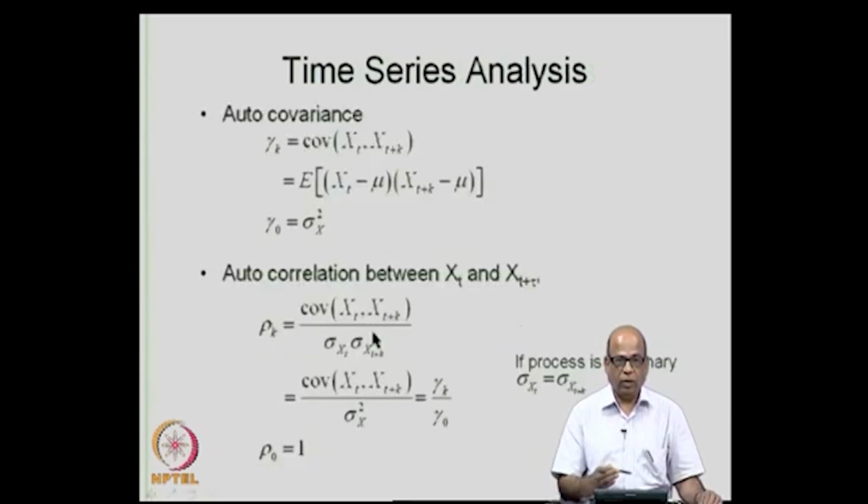So, we can talk about the correlation with respect to various lags k. This k is called the time lag or simply the lag. So, rho k in some sense gives a measure of dependence of the variable x t plus k on the variable x t. So, it indicates a measure of dependence.